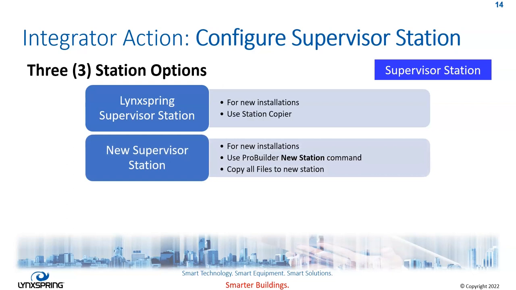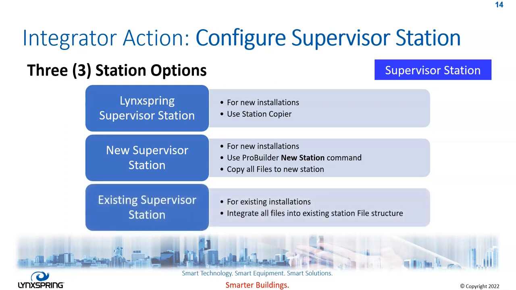If we have a brand new supervisor station, we're going to be using the tools new station command. And then you're going to copy all the files from the template station into the folder structure of the new station. Or if we have an existing supervisor station, all we need to do then is to integrate the files into the file structure that is required.